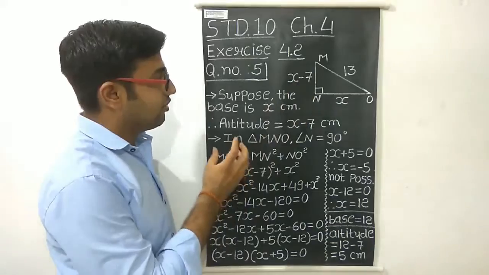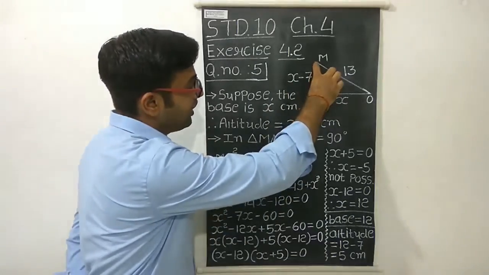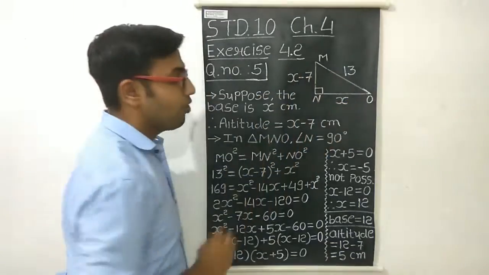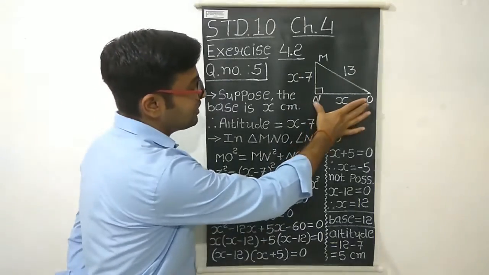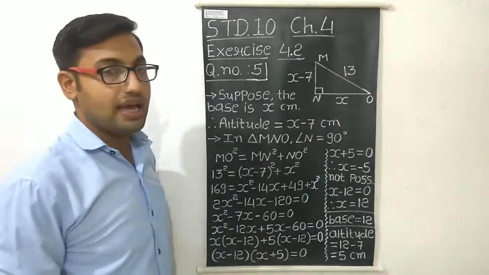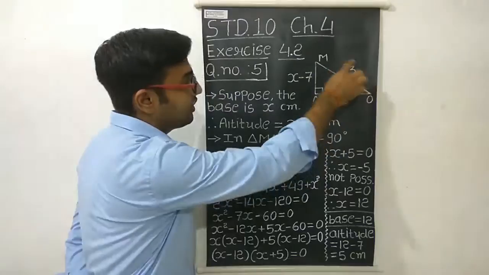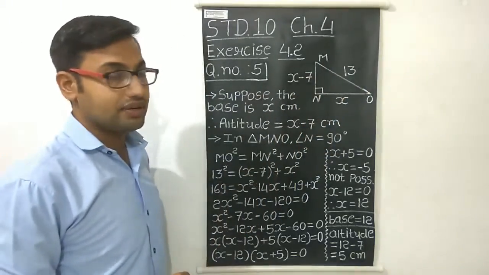As the given triangle is a right angle triangle, side MN will be the altitude and NO is the base. We have to find both sides, the base NO and the altitude MN. The side MO is the hypotenuse, which is given as 13 centimeters.